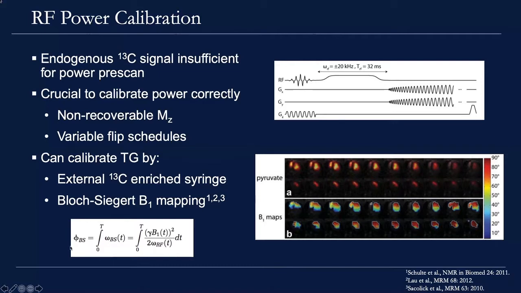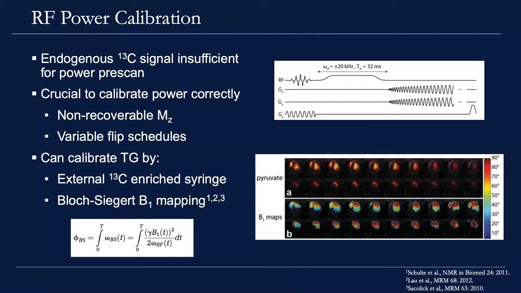So you can measure the phase, you know the off-resonance frequency, and you get a spatially resolved map of your B1 plus or your applied flip angle. This is often done as an integrated part of an imaging experiment. So you can maybe use that C13 phantom to get your RF power in the ballpark, and then do a Bloch-Siegert map to either update the power or get a map that you can then use in post-processing to correct for it.